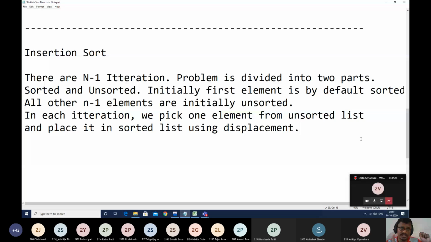In every iteration, we'll pick one element from unsorted list and we'll place that element in the sorted list using the operation of displacement. If we do this for n minus 1 times, all the numbers will be sorted. Is the philosophy statement understood, my dear students, for insertion sort?